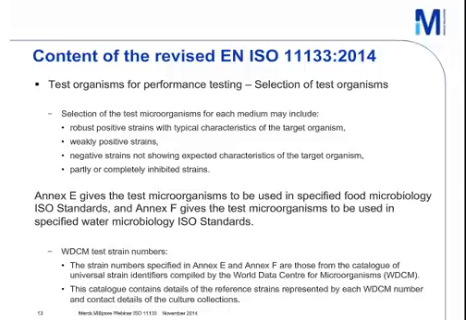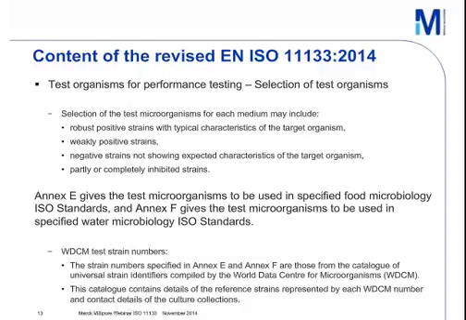So, for the microbiological quality control, the selection of the test organisms is given. For the selection of the test microorganisms for each medium, they may include robust positive strains with typical characteristics of the target organisms, weakly positive strains, negative strains not showing expected characteristics of the target organisms, and partly or completely inhibited strains.